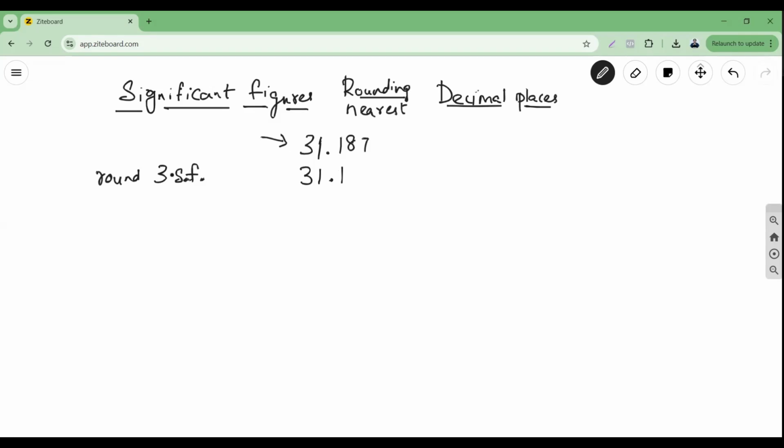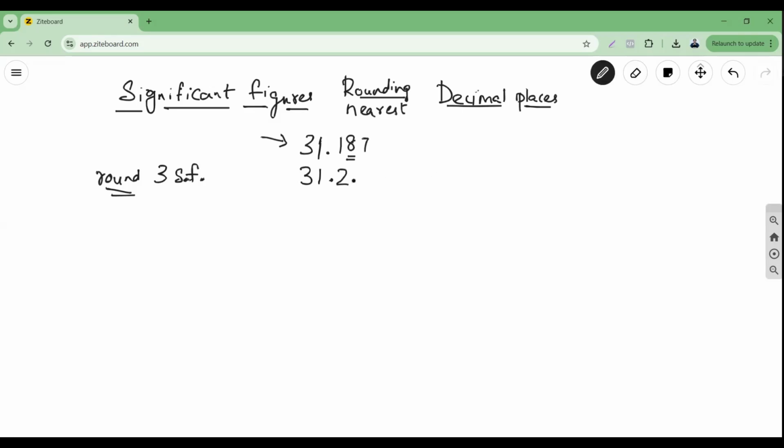But now you have to round it off. The next one is an 8, which is more than 5, isn't it? So we know that whenever it's more than 5, we have to increase the left position. That means if it's 1, 8, if you round off, it will become 2, right?